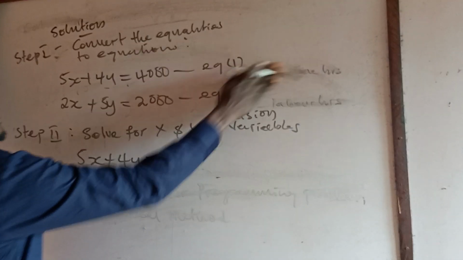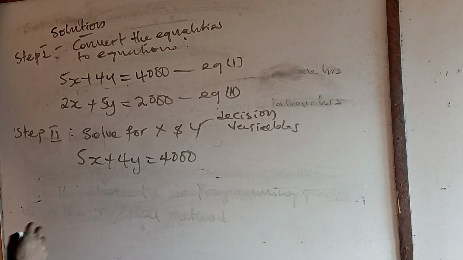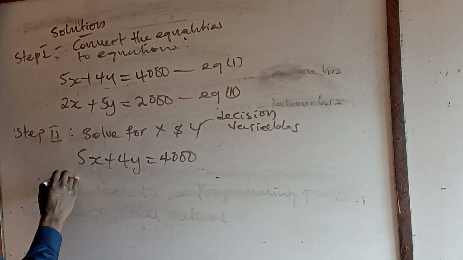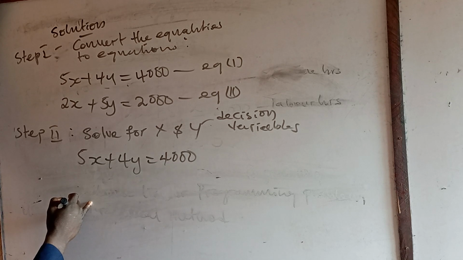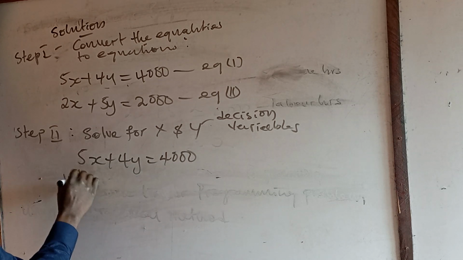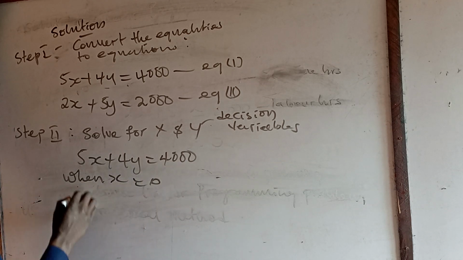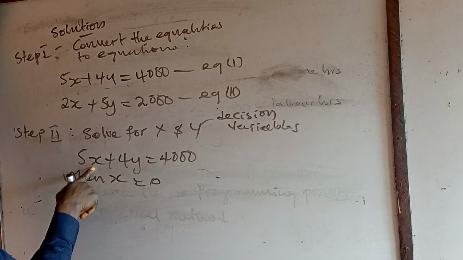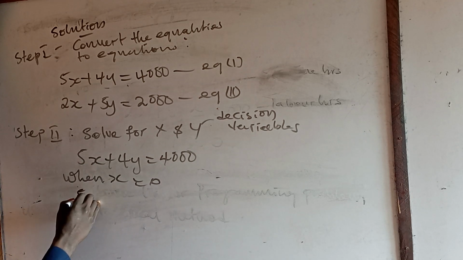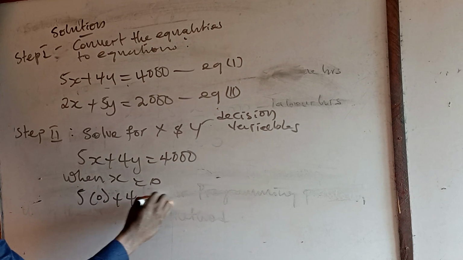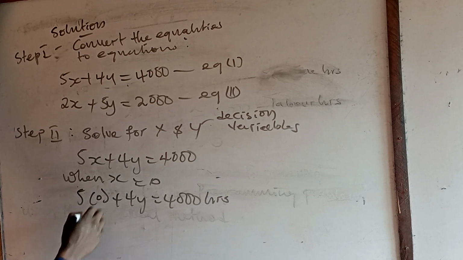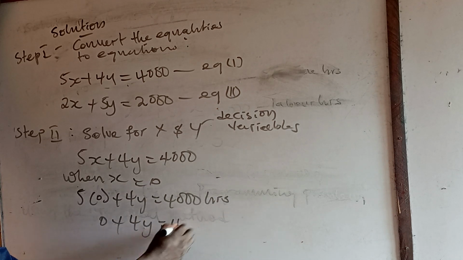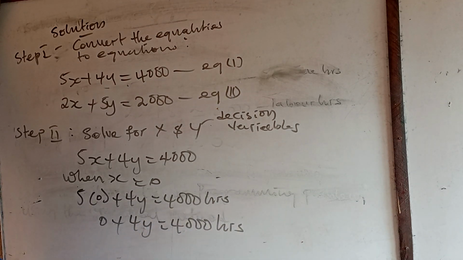machine hours. Let's determine this or this. Let's determine y first. So we say when x equals 0, we substitute x equals 0 into this equation. We have 5 times 0 plus 4y equals 4,000 machine hours.